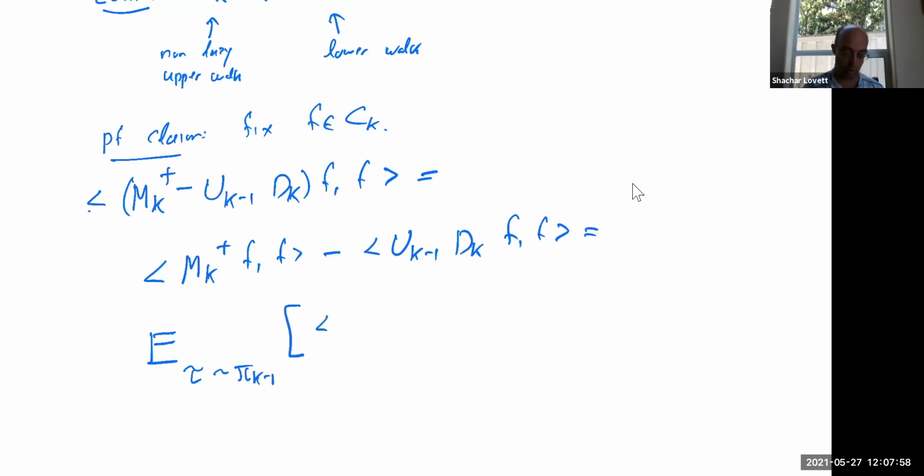The first thing is going to be a non-lazy walk on the link tau applied to f, f, minus the expectation of f tau squared, I guess the restriction to the link. So this is the claim we've seen, I think, in the lecture before last. It's just Garland's method, one of the versions of Garland's method we've seen.